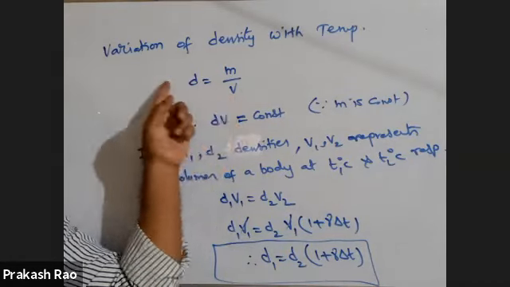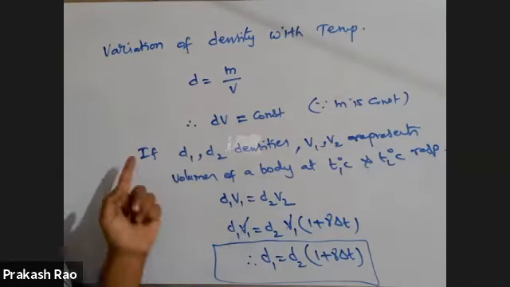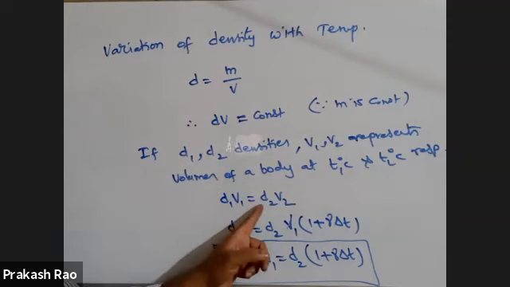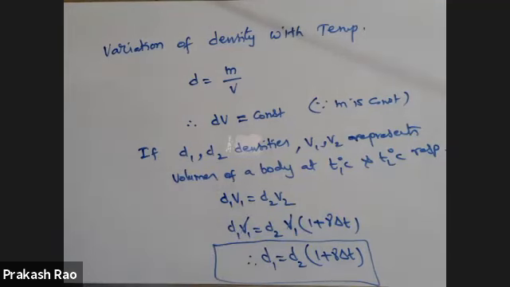The product of these two always remains constant. If d1, d2 are densities, V1, V2 represent the volumes of a body at T1 and T2 degrees centigrade respectively, then I can write d1 V1 is equal to d2 V2. So I can write this expression.